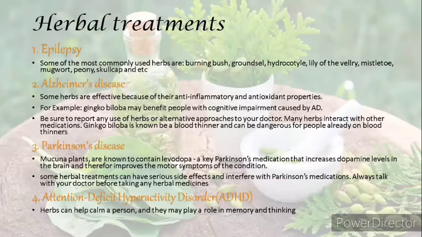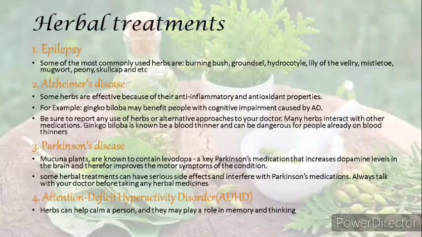Be sure to report any use of herbs or alternative approaches to your doctor. Many herbs interact with other medications. Ginkgo biloba is known to be a blood thinner and can be dangerous for people already on blood thinners.